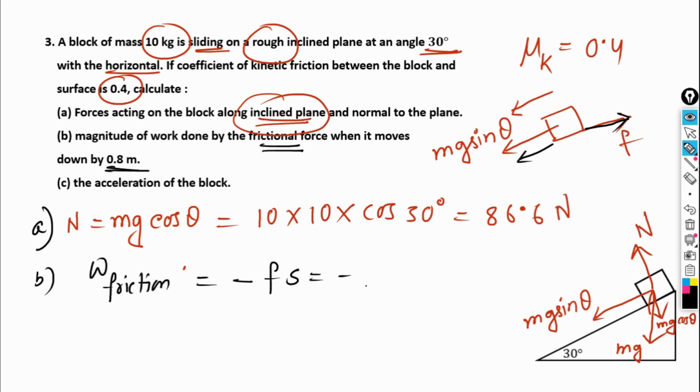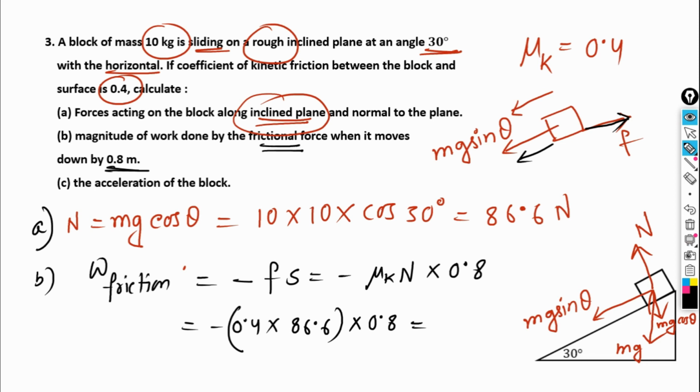What will be the friction? Mu k into N, into displacement, which is given as 0.8. So minus mu k, which is 0.4, right, into N, which is 86.6, this is friction, into 0.8, the displacement. Just multiply: 0.4 into 86.6 into 0.8. We are getting 27.7, so minus 27.7 Newton meter, or you can write joule.